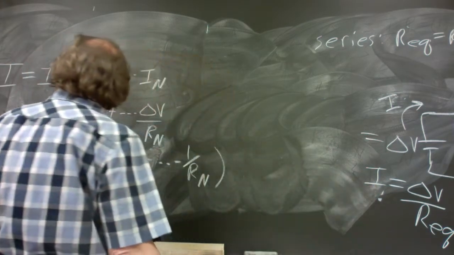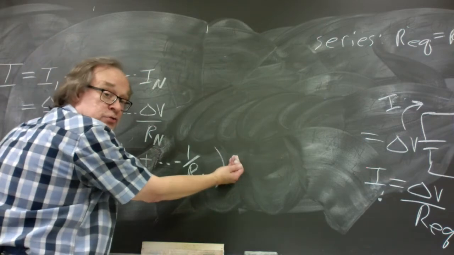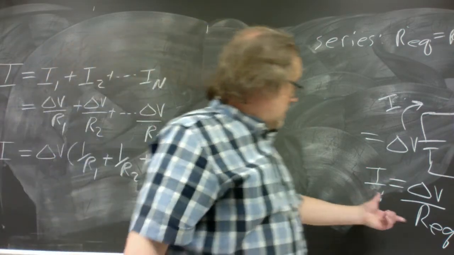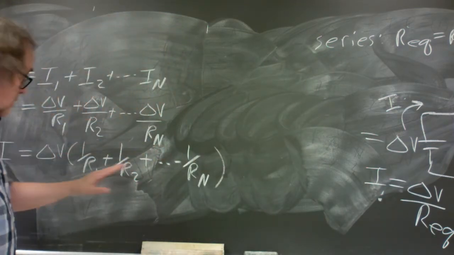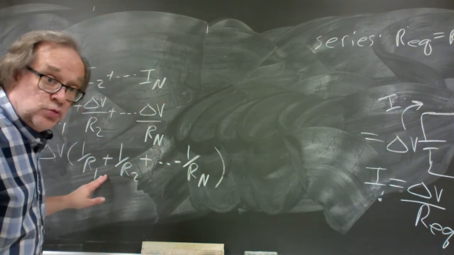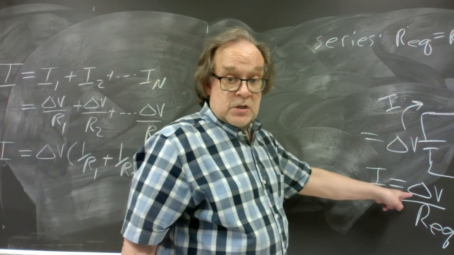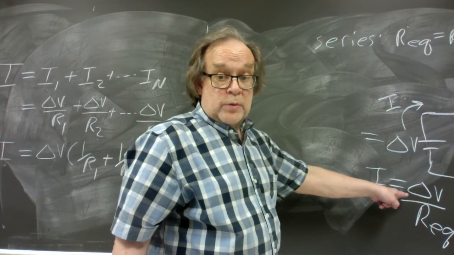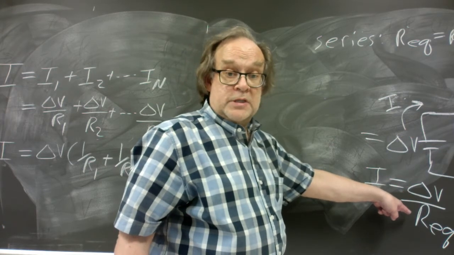same current, same potential difference, so this factor must be the same as this factor. In this case, on the right-hand side of the equation, we multiply delta V by this thing. And in this case, on the right-hand side of the equation, we multiply delta V by 1 over equivalent resistance.